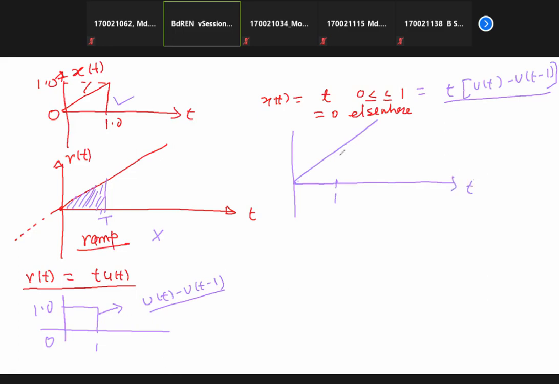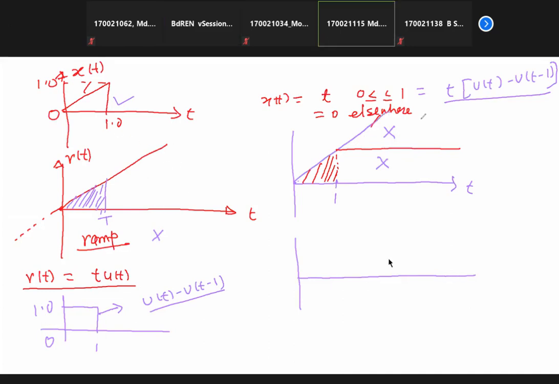Then you can draw a line here, something like this, okay, red line. Then we need this portion, so you have to discard this portion and discard this portion, isn't it? So how can we discard it? Discarding means you have to subtract this region.